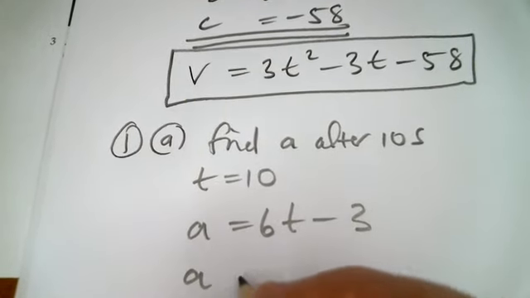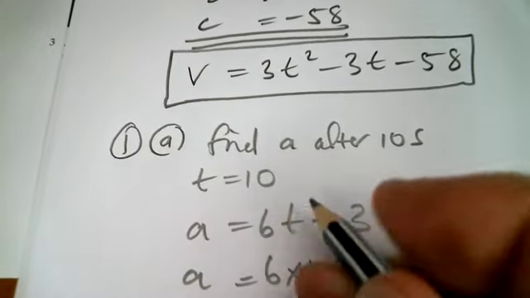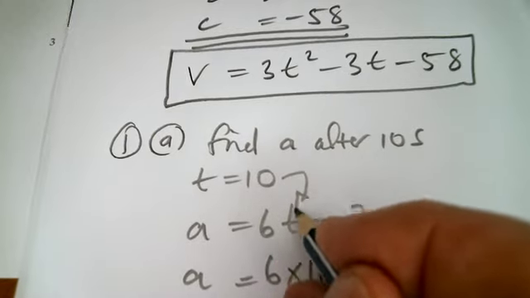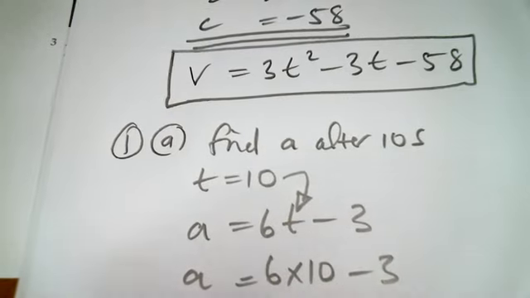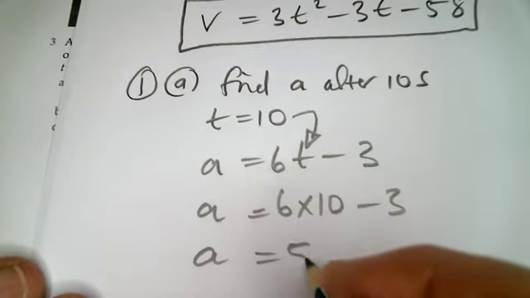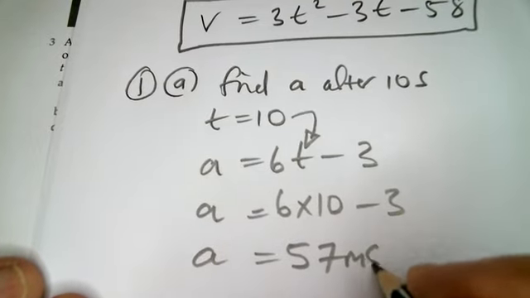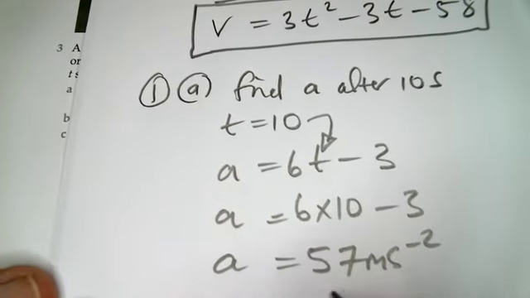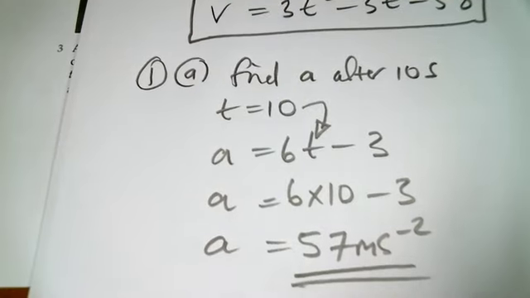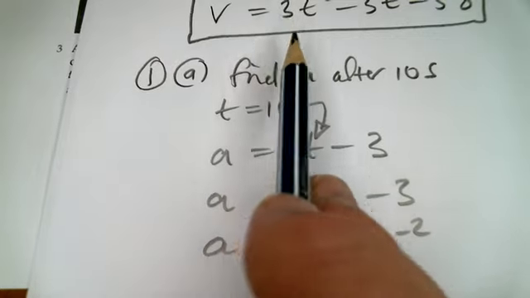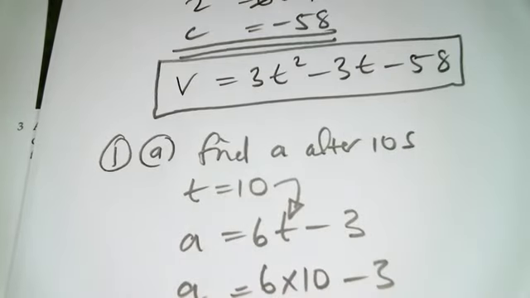So A is going to equal 6 times 10, just substituting that into the t value, minus 3. So A is going to equal 57 meters per second squared. And that is our answer. So that's the first bit, and that's acceleration. In the next video, I'll show you how we have to use this equation to find the rest of everything.